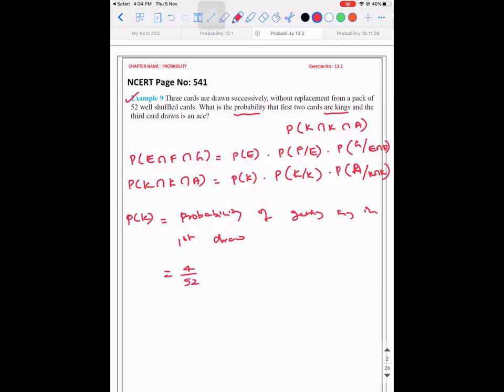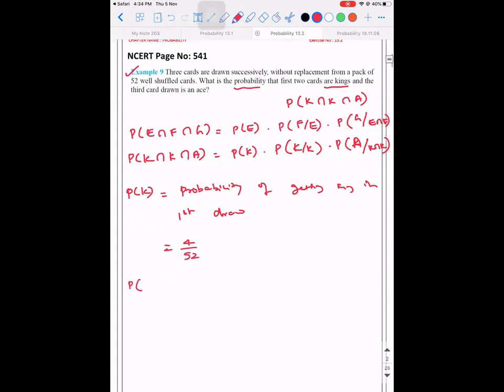So what is the probability of getting a king in the second draw, knowing the first draw is also a king and it is done without replacement? Guys, what is the answer? 3 by 51.